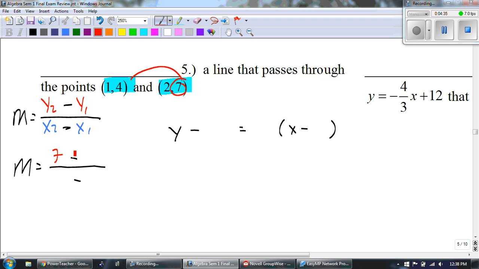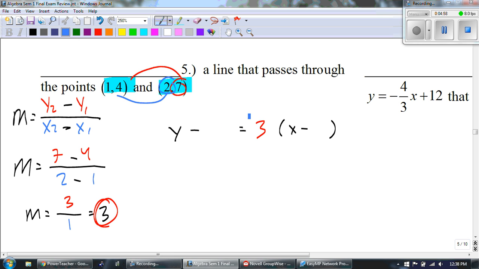7 minus 4, 2 minus 1. 7 minus 4 is 3, 2 minus 1 is 1, and 3 over 1 is the same thing as 3. So there's my slope, and then I pick what point.